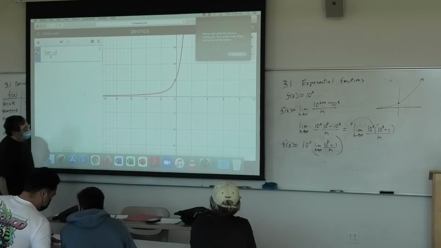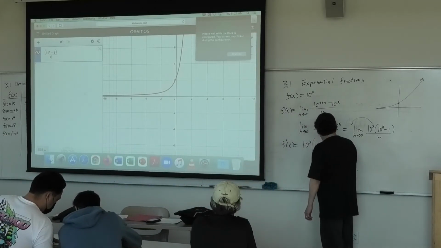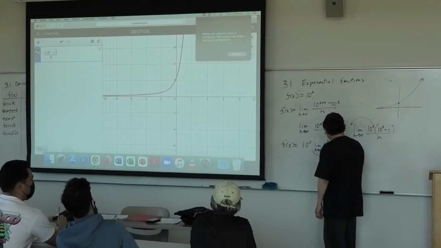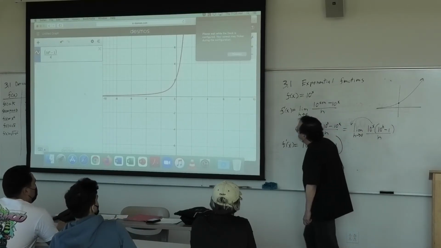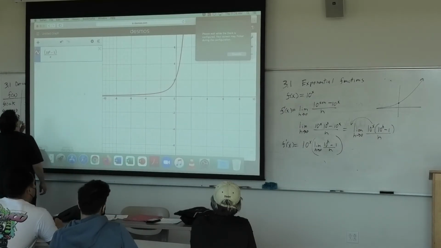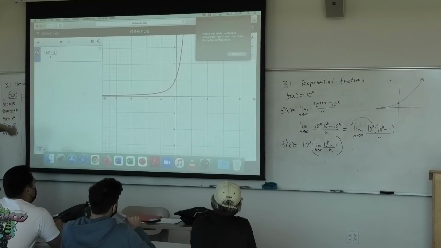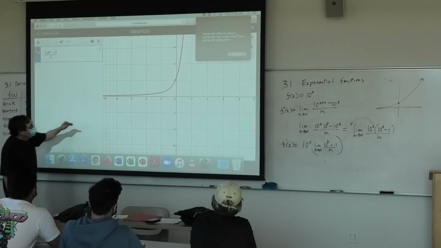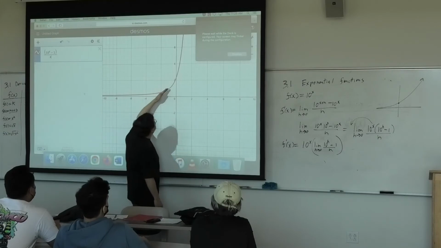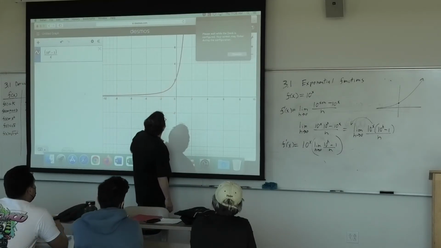Okay, so I'm curious about 10 to the h minus 1 over h as the limit goes to 0. I don't know what Desmos would do if I gave it an h, but so here's 10 to the x minus 1 over x. So that's the function. And I'm interested in what happens as I get close to 0.